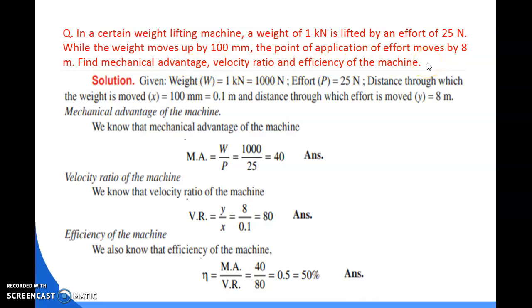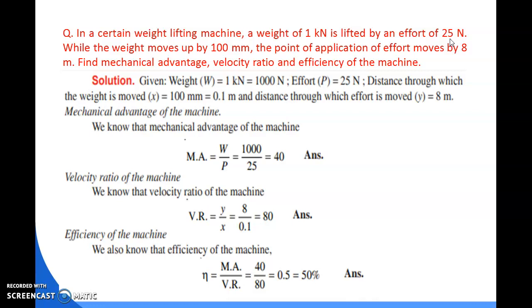As per the question, first of all, we need to write down all the data given. The weight is given, which is 1 kilonewton, and we have to convert this kilonewton value into newton. So 1 kilonewton is equal to 1000 newton. Then the effort load is given, which value is 25 newton.